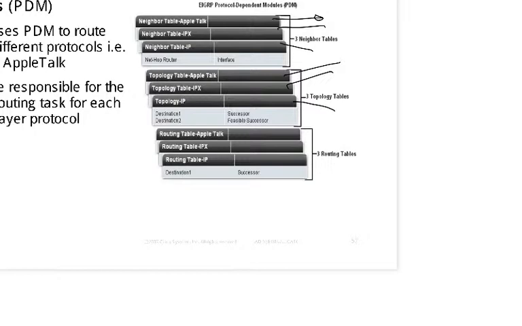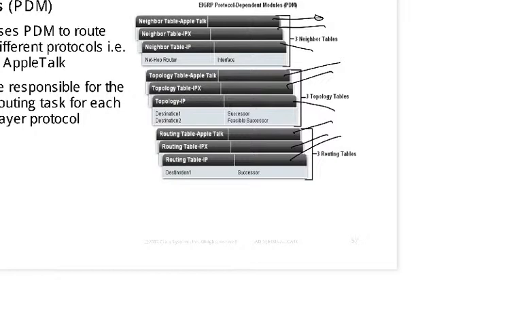From these neighbors, we have to calculate the topology of the network. Why? Again, because I need to understand the topology in order to send partial updates to specific routers. So I need to know the topology of the system around me. And of course, the routing table. So one EIGRP instance will have one copy of the neighbor table, one copy of the topology table, and one copy of the routing table.